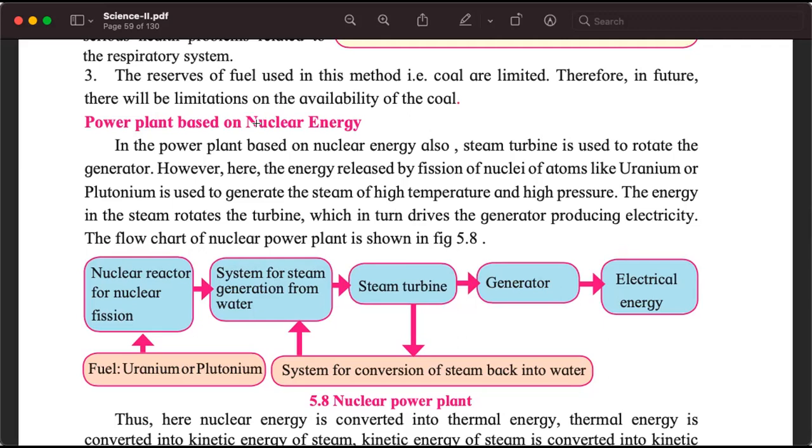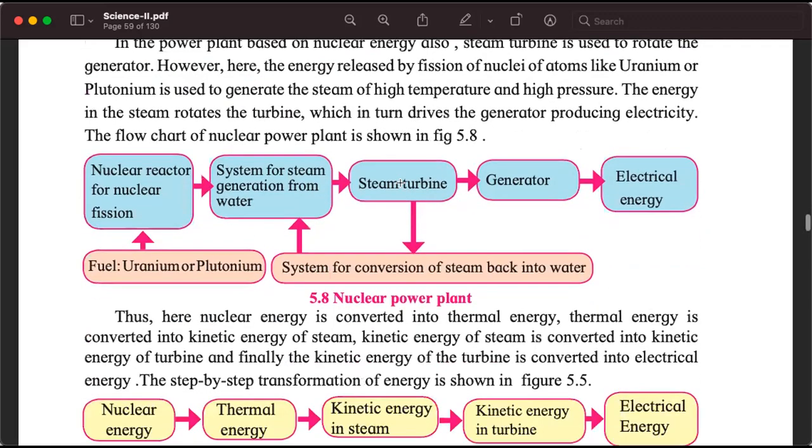That is nuclear energy. So here also we have a steam turbine, but we are not burning coal. We are doing something else. We are using a nuclear reactor. Remember, we started studying radioactivity last year. We will look at a good application of radioactivity this year. So this is number 2, nuclear.